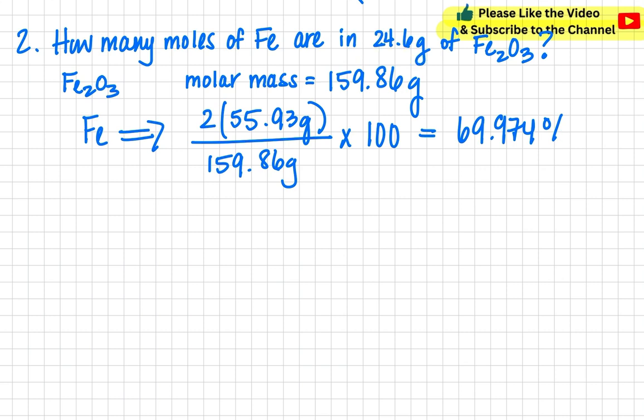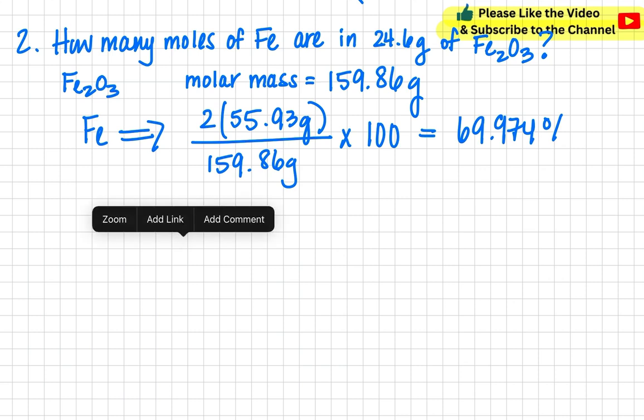So that's the percent composition, but they want to know how many moles of iron are in this particular quantity that we have. Since we know that it is almost 70% iron, we know that of this 24.6 grams, almost 70% of it is iron. So what's 70% of 24.6? We're going to find that out.